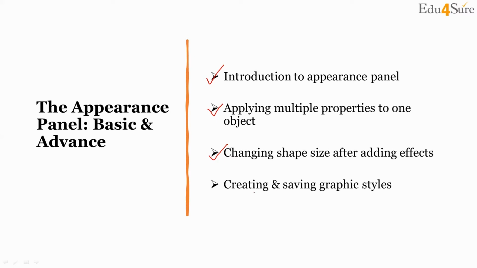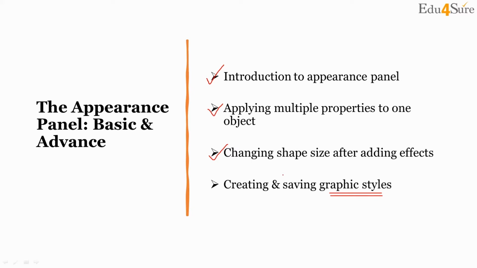And at last, we are going to cover creating and saving graphic styles. So what are graphic styles? Let's say you have created an effect using the appearance panel, or anything in Adobe Illustrator, and you want to apply that same effect to other objects that you will create later on. For that, you can save your design or effect in the graphic style panel.